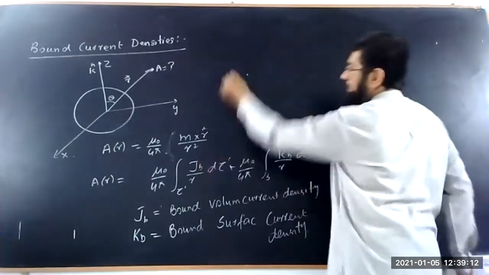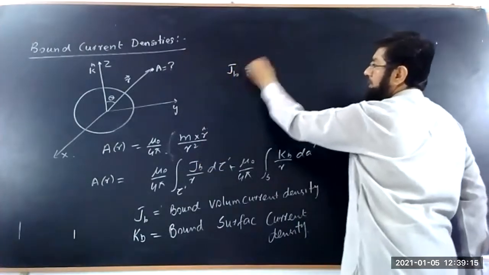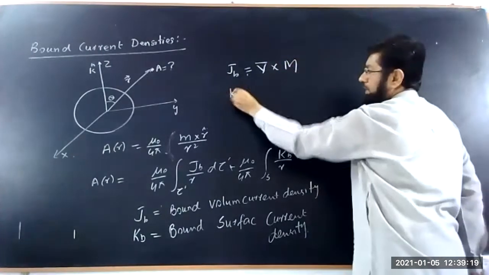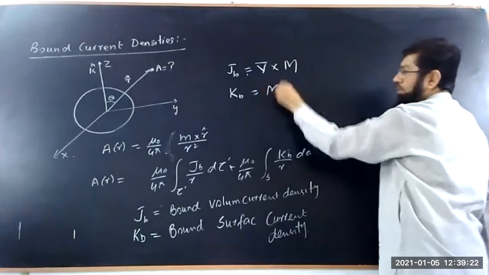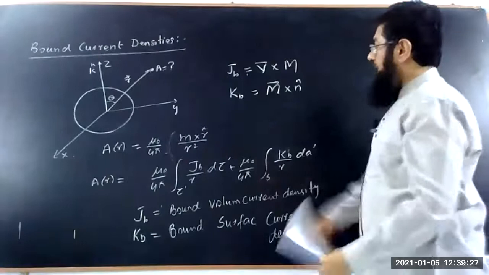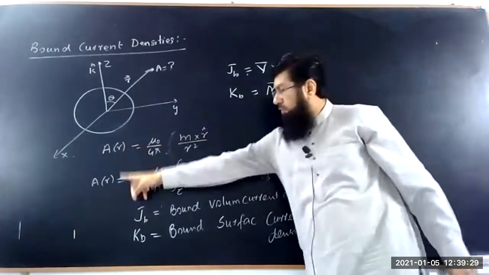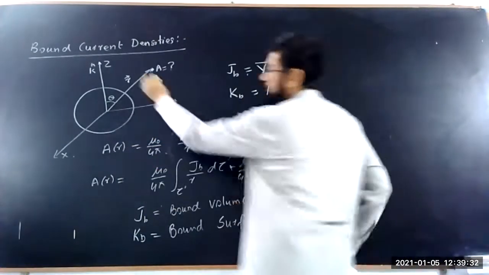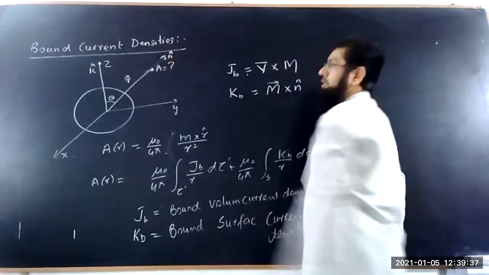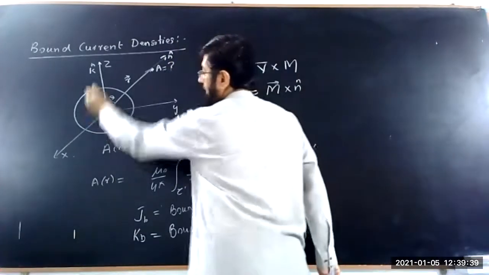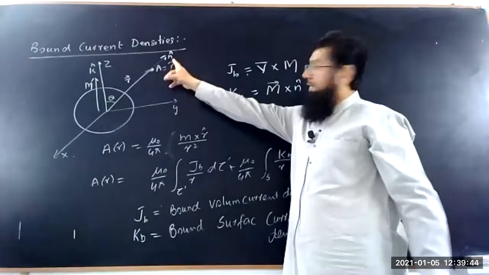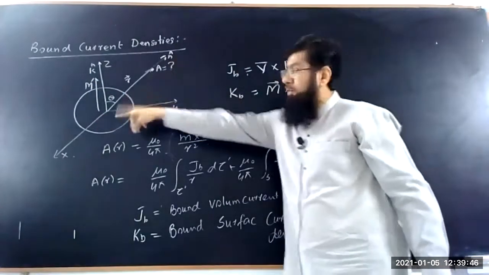We have seen that J_b is equal to the curl of M, and K_b is equal to M cross n. Here n is the unit vector showing the direction of the point where we want to calculate the vector potential. If the magnetization M is in this direction and n is in this direction, there is an angle between them.